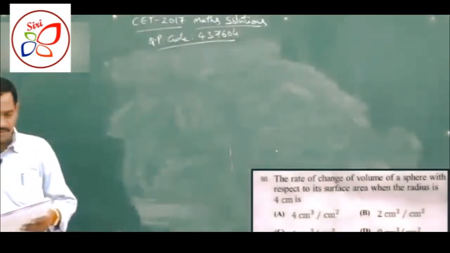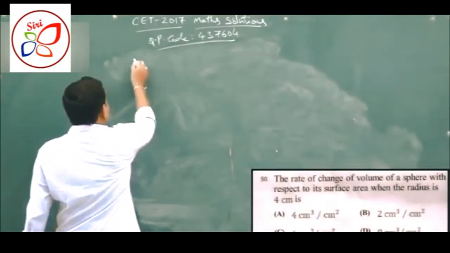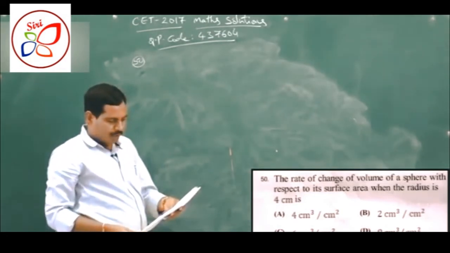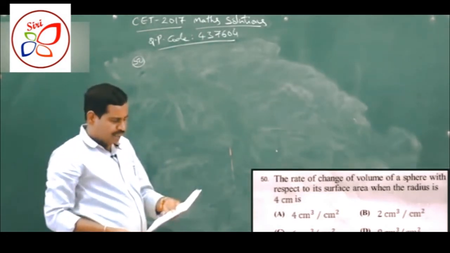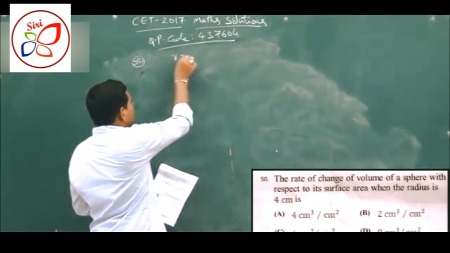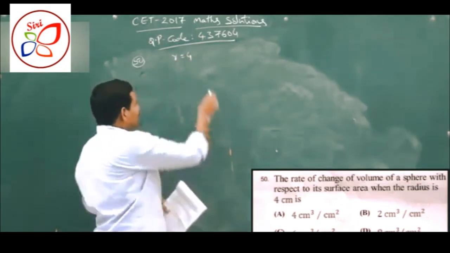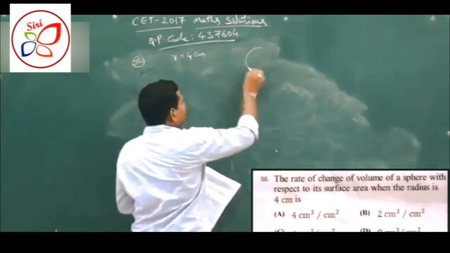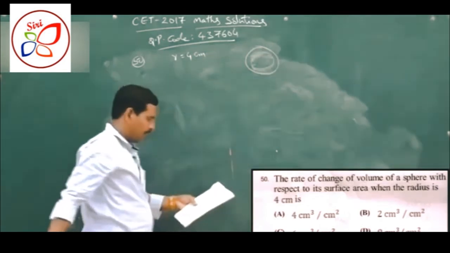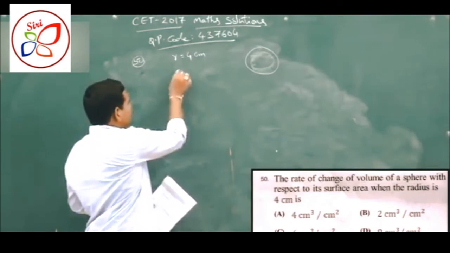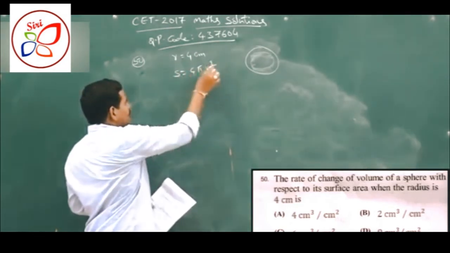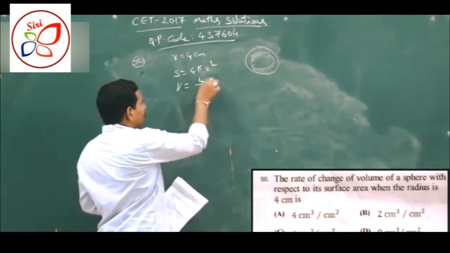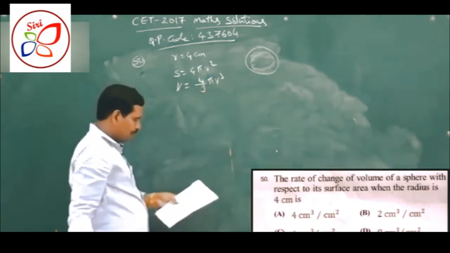Question number 50. Rate of change of volume of sphere with respect to its surface area when radius is 4 centimeters. The item is a sphere. Its surface area is 4 pi r square and volume is 4/3 pi r cube.